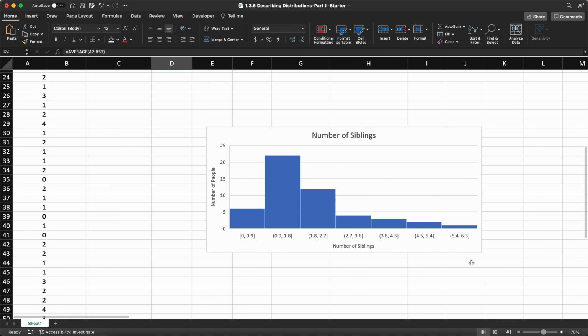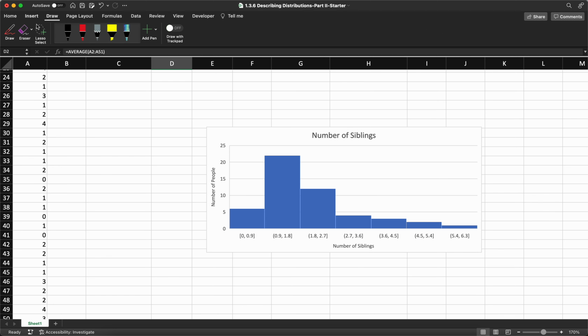So then I look at my histogram and I have more evidence that this is definitely skewed to the right. Looking at the shape here, we are mostly to the left with a huge tail off to the right. This is a stereotypical skewed right distribution.